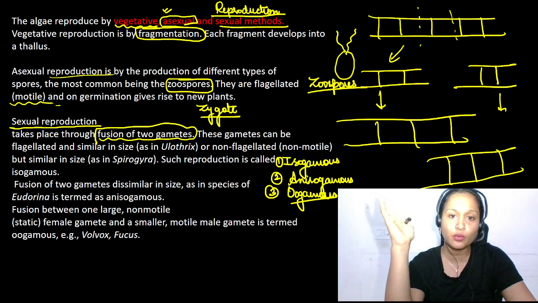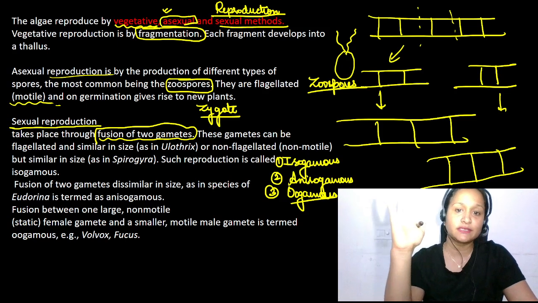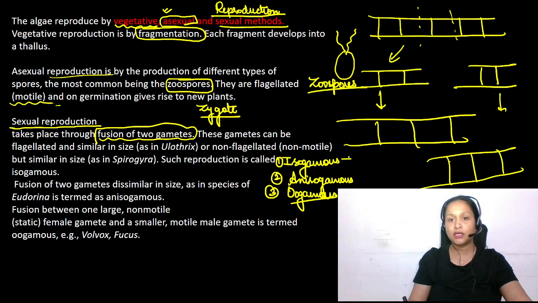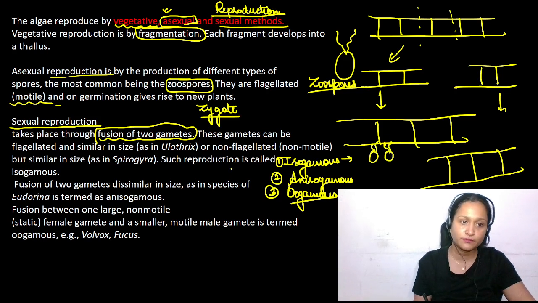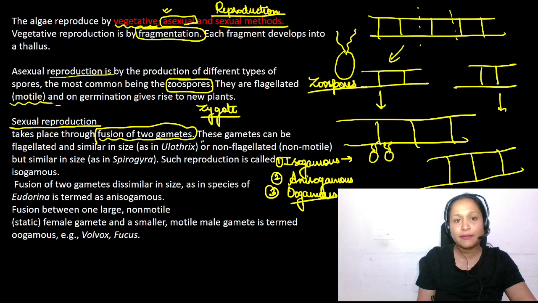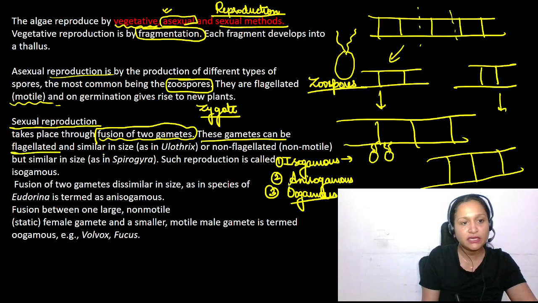Okay, isogamous, anisogamous, and oogamous. Let's talk about one by one. Isogamous. Iso. Here the two gametes are formed and they are similar in size and structure. These gametes can be flagellated and similar in size. Remember this? They are similar in size.